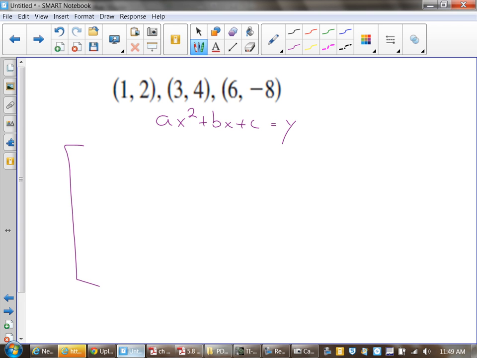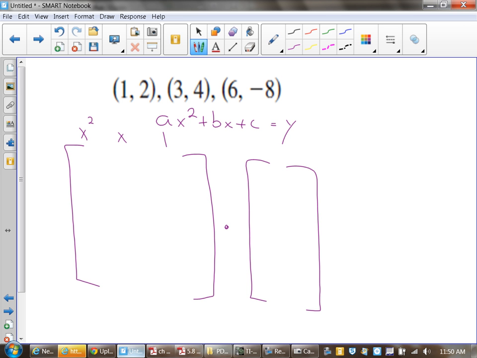When you do the matrix, this is your x squared column, x, and then what's the third column? Ones, and what's this? Y. Good. So what's 1 squared? 1. What's 3 squared? And then take the inverse, and that'll give you the values for a, b, and c respectively.